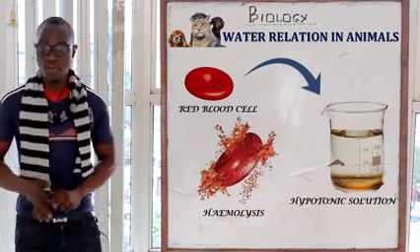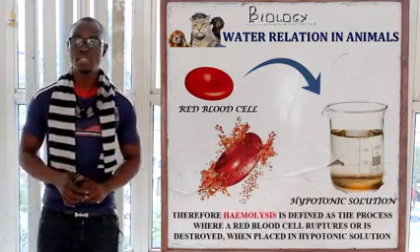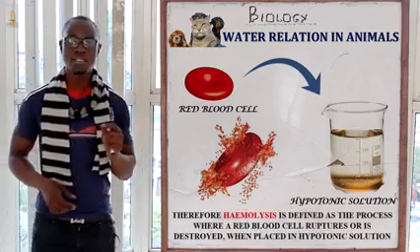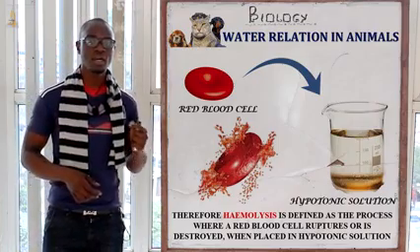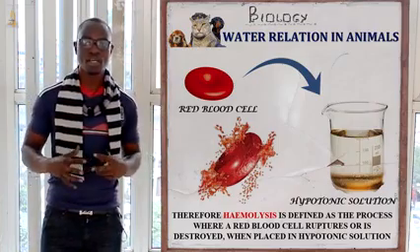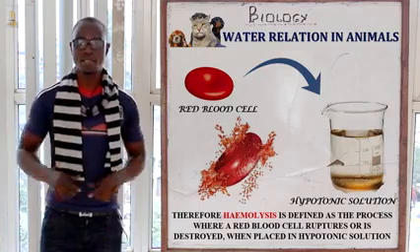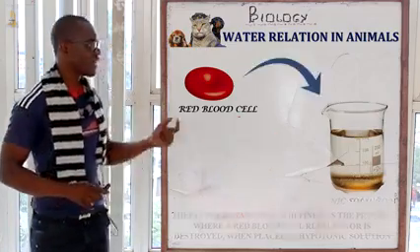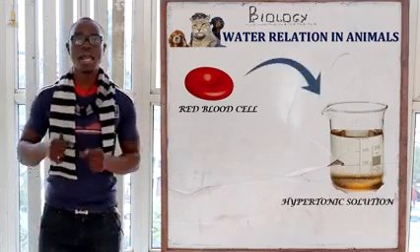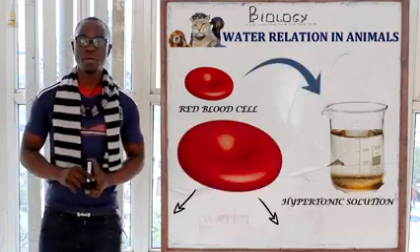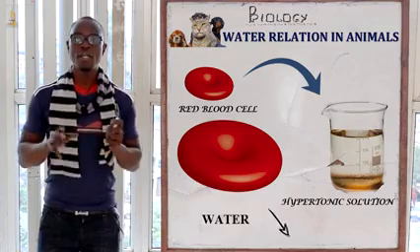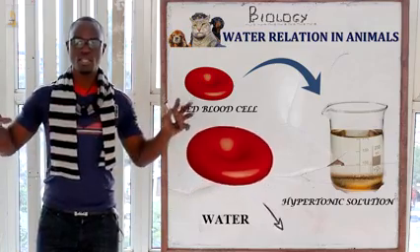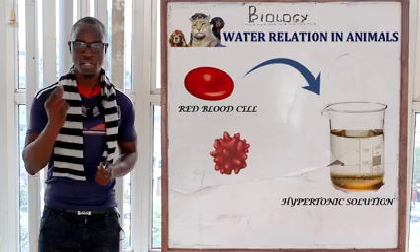If you are asked to define hemolysis, you will say that hemolysis is the process where a red blood cell, when placed in hypotonic solution, swells up, gains water and bursts. So what happens when you take this red blood cell and place it in a hypertonic solution? The red blood cell will lose its water to the surrounding environment, then it will shrink.